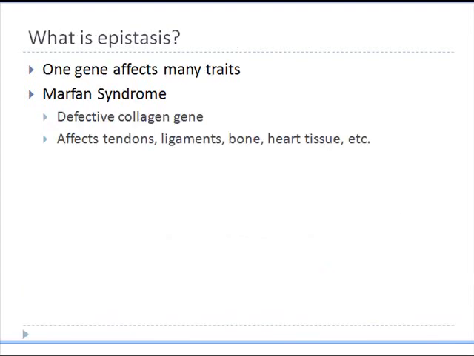Many human disorders, such as, for example, cleft lip or clubfoot or congenital dislocation of the hip or diabetes, and even allergies and some cancers, are polygenetic disorders.